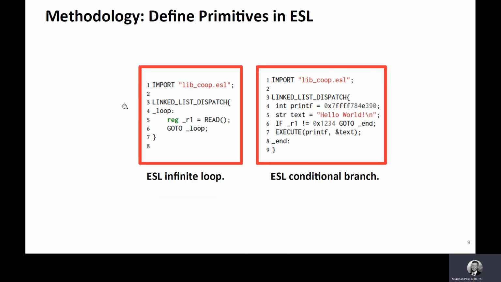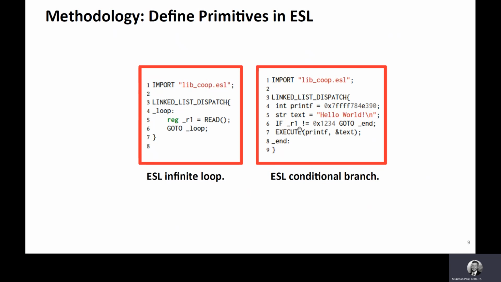Next, these are two examples of how different primitives look in our own attack specification language, ESL. So on the left here, we have an infinite loop. So here, basically this program in the linked list dispatch, it loops from line 4 to line 6. So as you can see, we have this go to, and it loops here forever if we want to read something in a register. And then we have the conditional branch here.